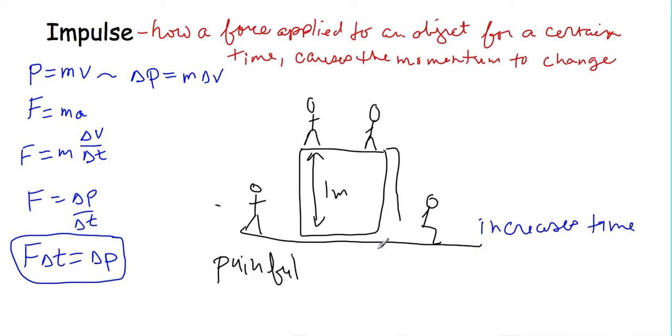The change of momentum is the same for both. So if our change of momentum is the same, jumping from 1 meter down to the bottom, then if we're increasing time, we're going to have to decrease the force.